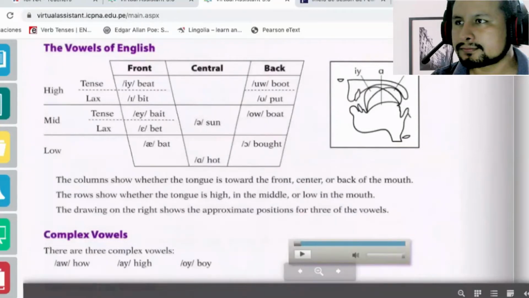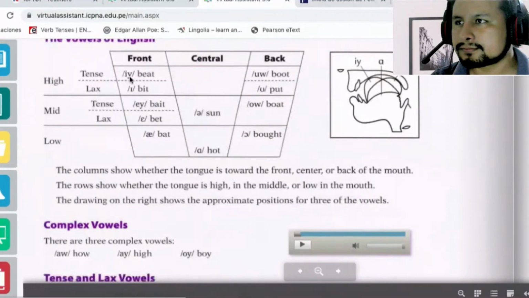So there can be communication problems. If you don't pronounce the vowel sounds correctly, you might be saying a different thing from what you want to say. Okay? Now, first of all, what you see here are phonetic symbols.